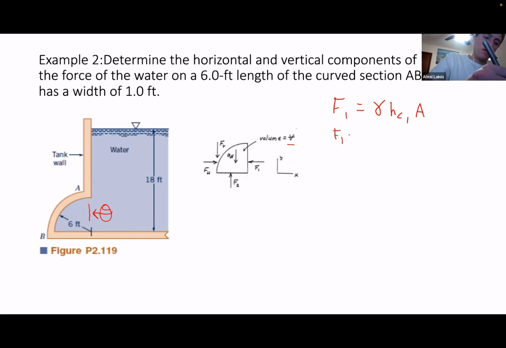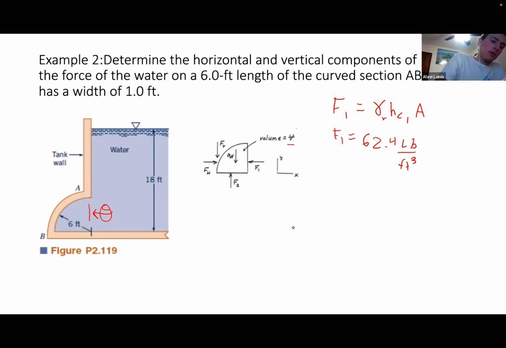We know gamma is going to be gamma water, so that's pretty simple. We are in imperial, so it's going to be 62.4 pounds per feet cubed. And then HC is the depth to the centroid.